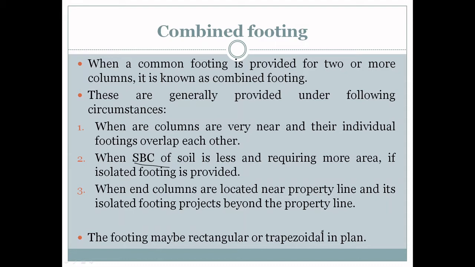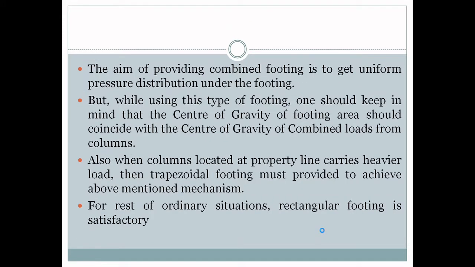A combined footing may be rectangular or trapezoidal in plan. The aim of combined footing is to get a uniform pressure distribution under the footing. But while using this type of footing, one should keep in mind that the center of gravity of the footing must coincide with the center of gravity of the combined load from the columns.